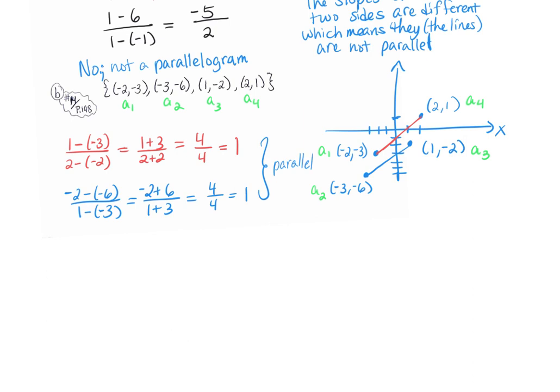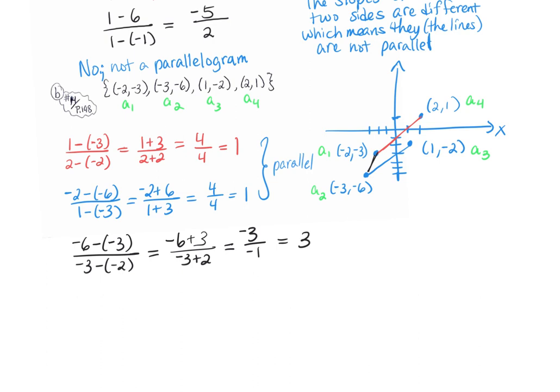Then we have to check A1 and A2. What do you have? -6 minus -3, divided by -3 minus -6. Hmm, so you get -6 plus 3 over -3 plus 2, which gives you -3 over -1, which is 3.